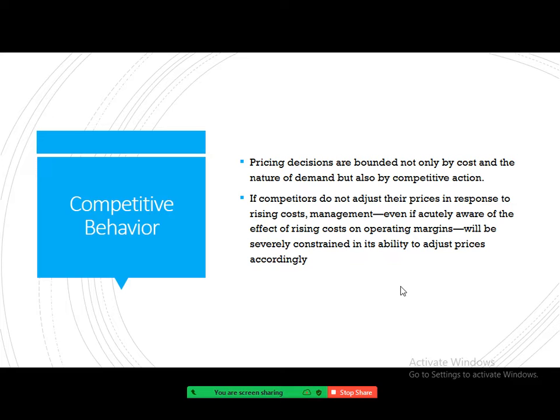Competitive behavior. Pricing decisions are bounded not only by cost and the nature of demand, but also by competitive actions.